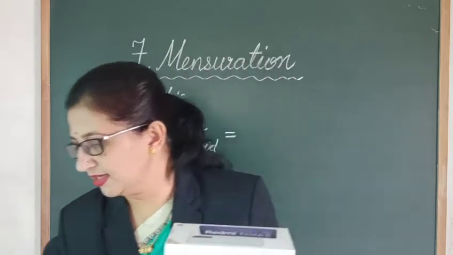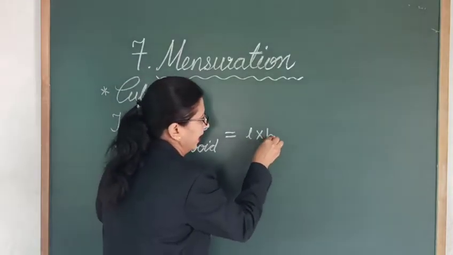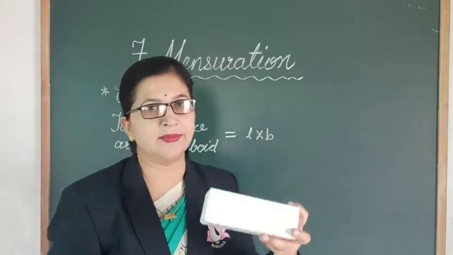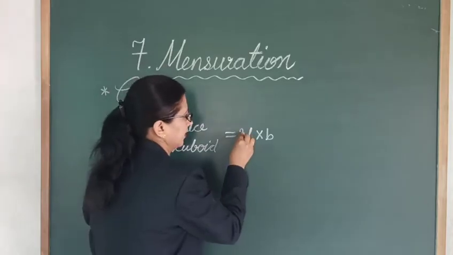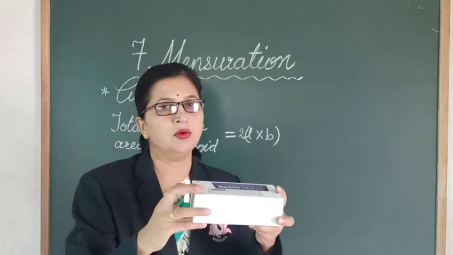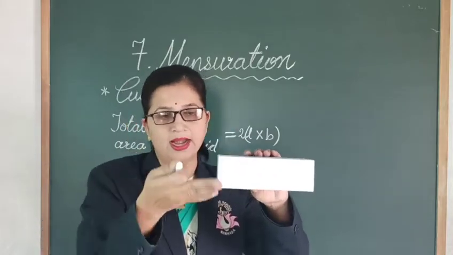So we'll write length into breadth. Whatever this area is, the same we'll get for the base also, so we'll multiply it by 2. So here 2 multiplied by length into breadth gives the area of top and base.